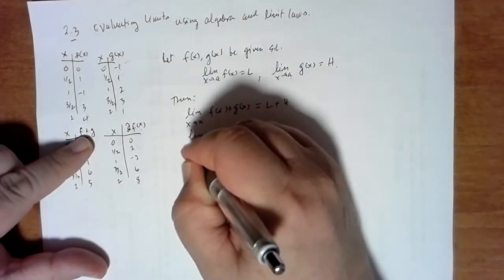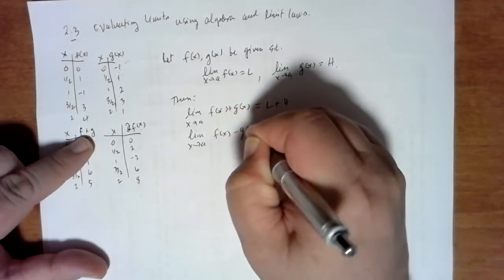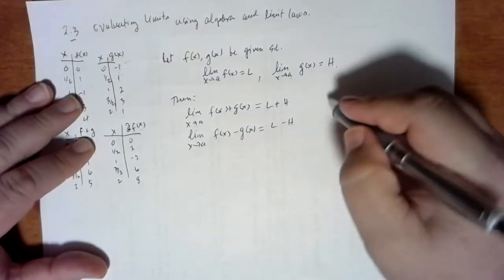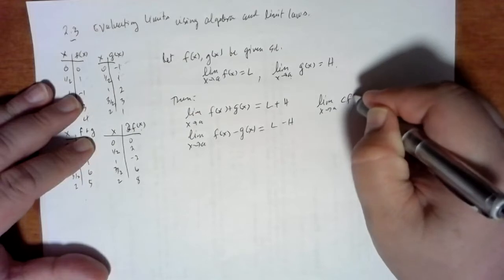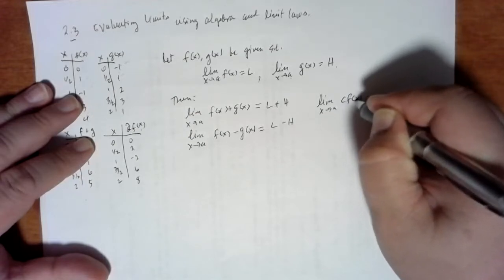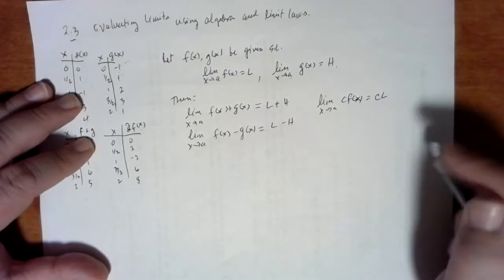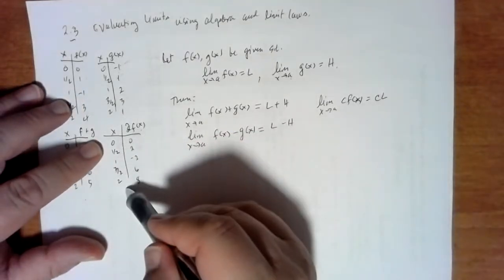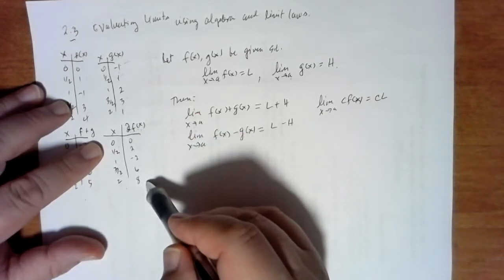How about the limit as x approaches a of f of x minus g of x? Yep, L minus h. And the limit as x approaches a of c times f of x. Did you say c times L? So that's why we're thinking about this, right? If as x approaches a, c times f of x is just going to approach c times L, right?